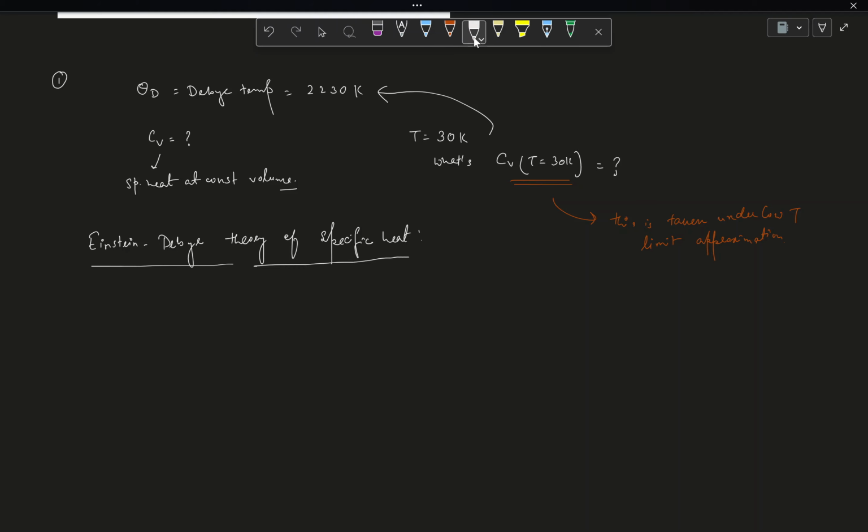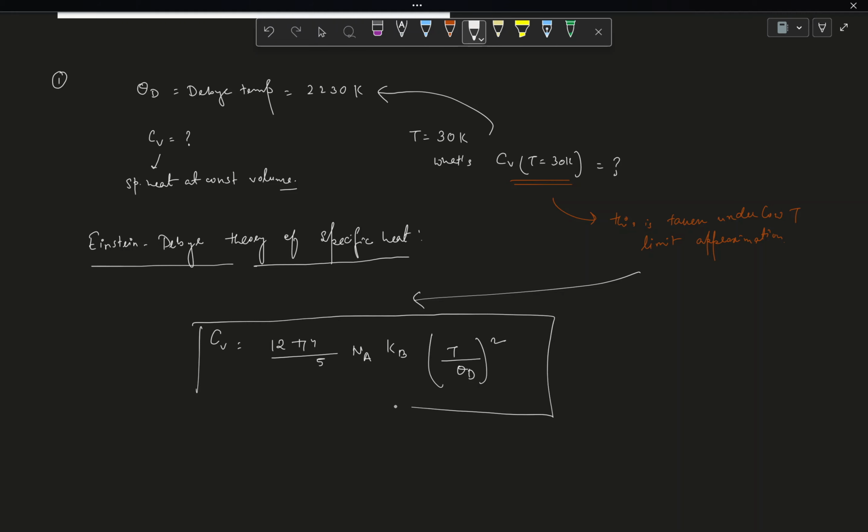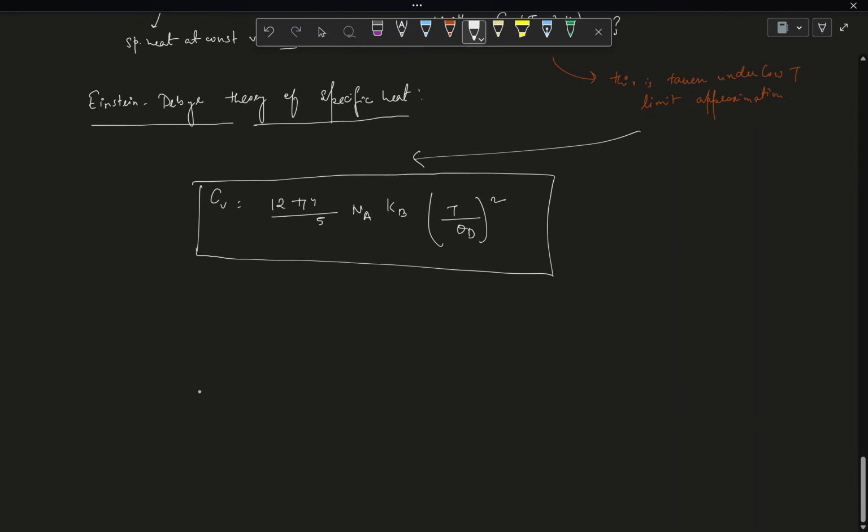Okay, and using this idea, if you have the low temperature limit form, then you will have a very straightforward, closed-form formula for the CV, which is 12 pi to the power 4 by 5 times Na, the Avogadro number, into Kb, the Boltzmann constant, into T by theta d whole squared. Okay, so this is your specific heat or heat capacity at constant volume CV.